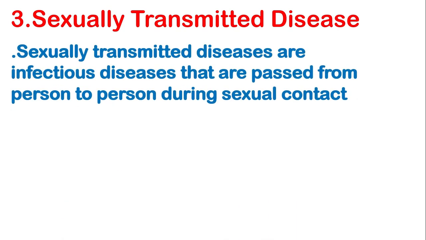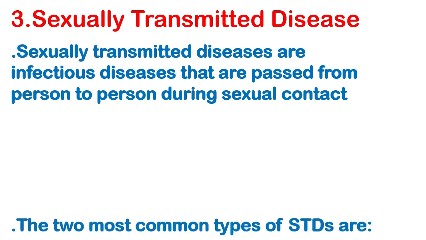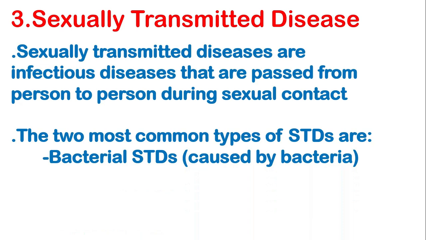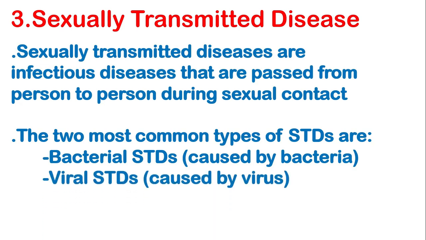Now number 3, sexually transmitted disease. Sexually transmitted diseases are infectious diseases that are passed from person to person during sexual contact. The two most common types of STD are bacterial STD and viral STD.